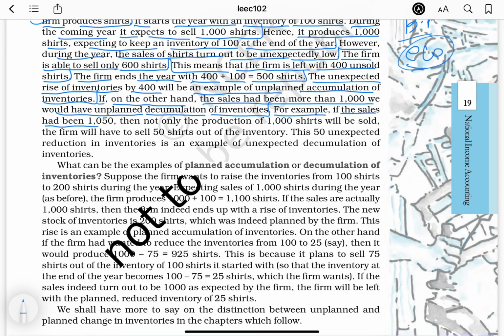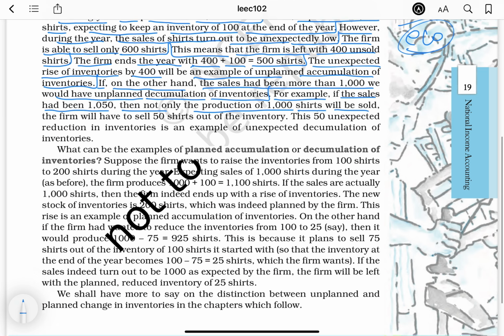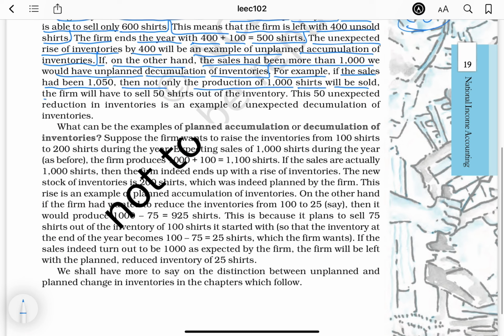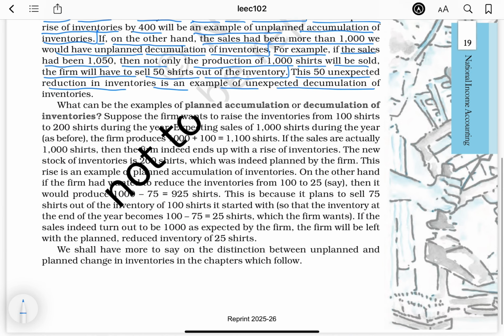For example, if the sales had been 1050, then not only the production of 1000 shirts will be sold. The firm will have to sell 50 shirts out of the inventory. This 50 unexpected reduction in inventories is an example of unplanned decumulation of inventories.